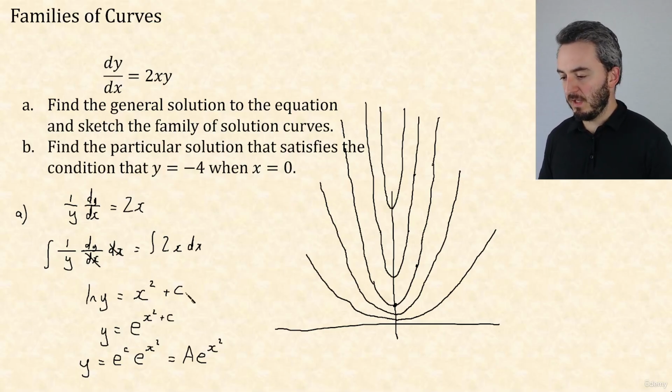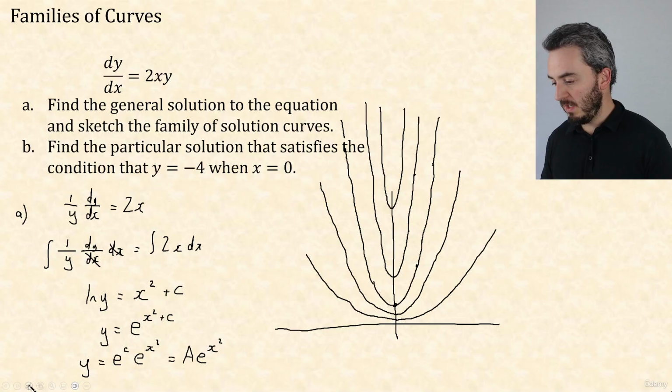Some of you might be thinking, hold on a second, A can't be negative because look, A is e to the c, and e to the c is always positive. It's actually a bit of a red herring there, because really, when we integrate 1 over y, we should be getting ln of mod y. So if I was being really precise, I'd be saying ln of mod y equals x squared plus c.